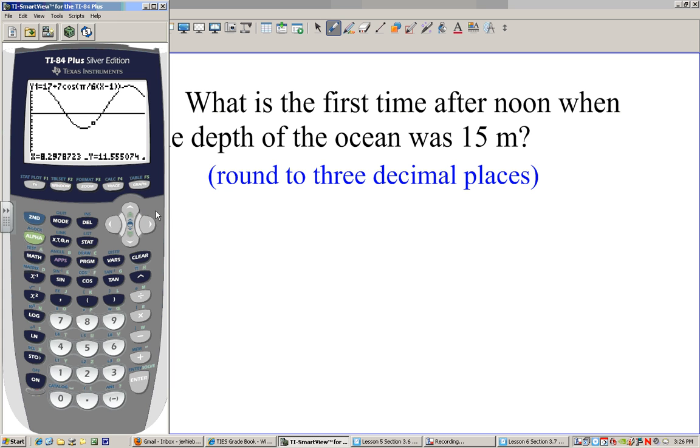Our x value, if I trace, it looks like it hits there once when the time is 9.4, so over 9 hours. But after noon, we'll have to keep going. So let's extend the window to maybe 20.